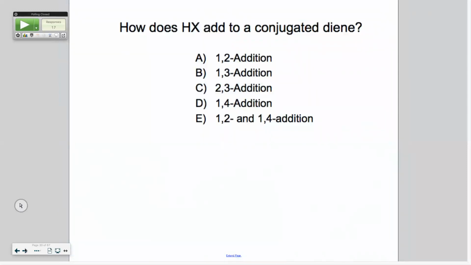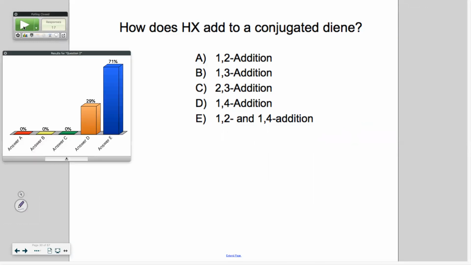How does HX add to a conjugated diene? It's both 1,2 and 1,4.